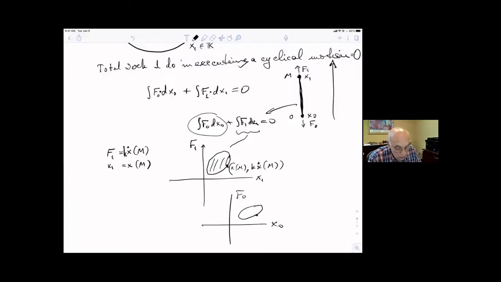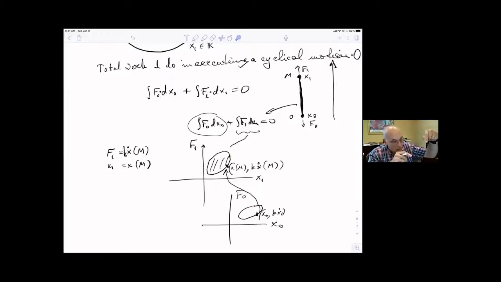And at each moment during this change, to the point x naught there corresponds a point x1. So these two points, you see the point in this picture and in this, they change corresponding to each other.